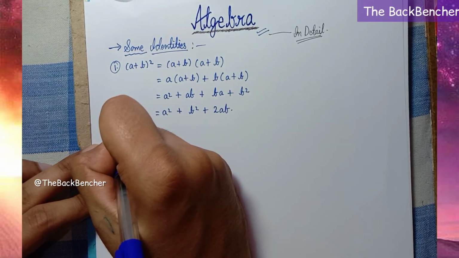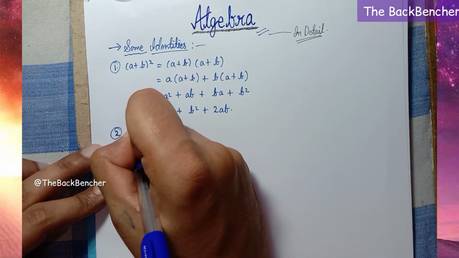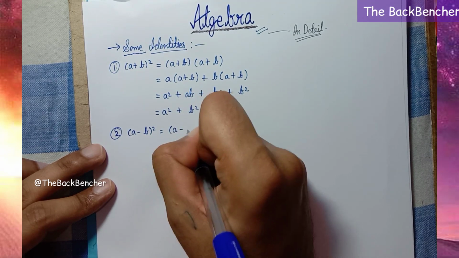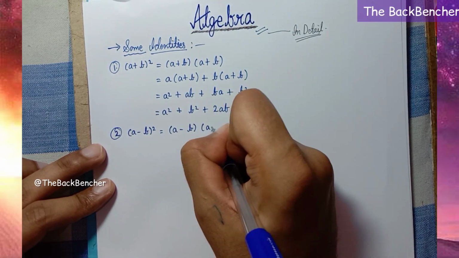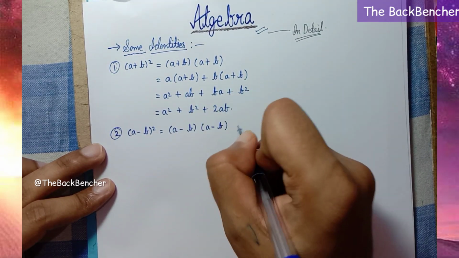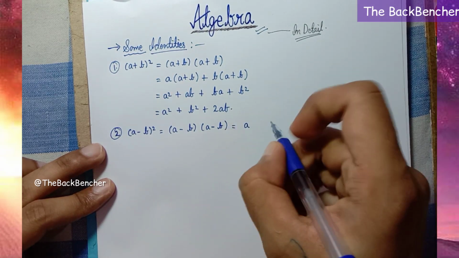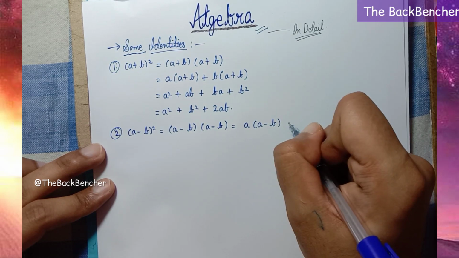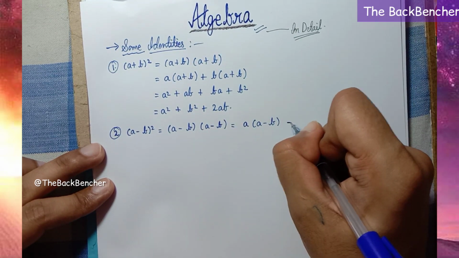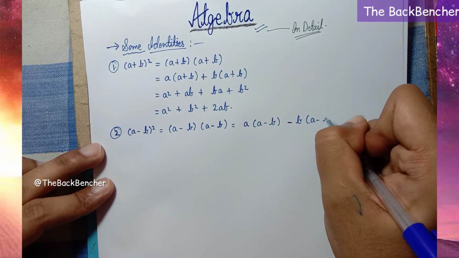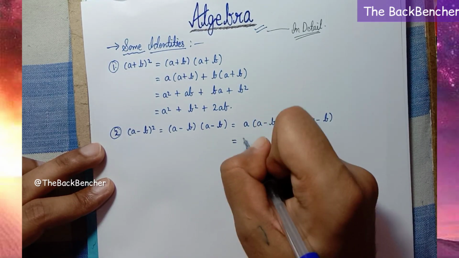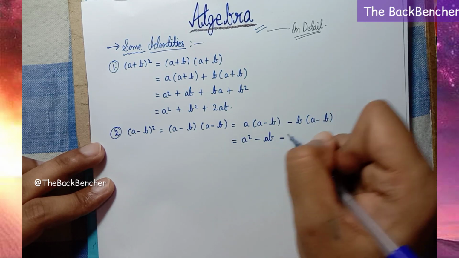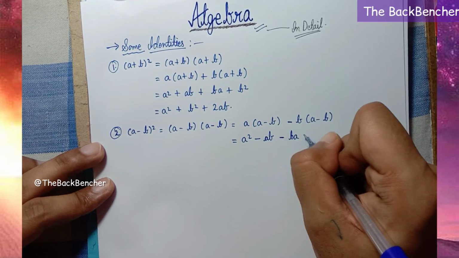Now moving to the second identity, that is a minus b whole square. a minus b multiplied by a minus b. I am just solving it for your comprehension. Many students have asked how to prove this equation, so we are solving it in this class.